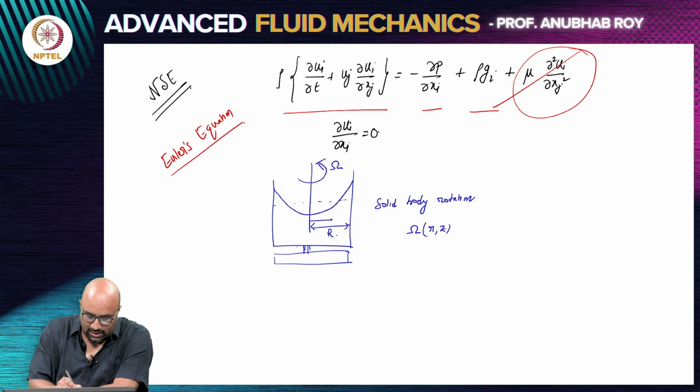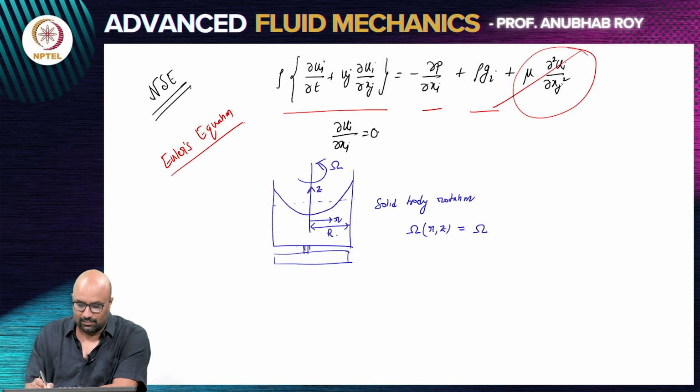I will construct a radial coordinate, an axial or vertical coordinate, and then an azimuthal coordinate. This is a cylindrical coordinate system I am choosing because the container is cylindrical in nature. So, omega of r and z is omega, the spin with which the container is rotating. So, there is a constant angular velocity in the fluid.